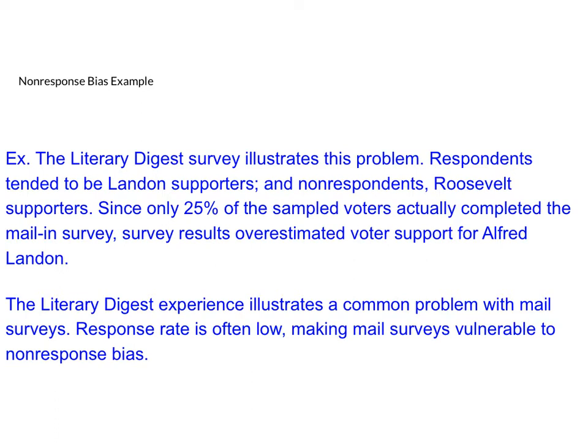This illustrates a very common problem when it comes to mailing out surveys. Response rate is often low, making mail surveys vulnerable to non-response bias. I would imagine in this day and age that they would have the same difficulty when it comes to things like texting surveys. You're going to deal with a lot of non-response bias.